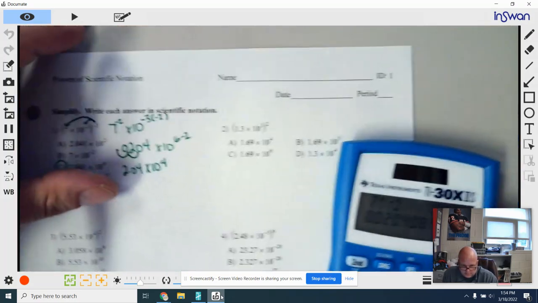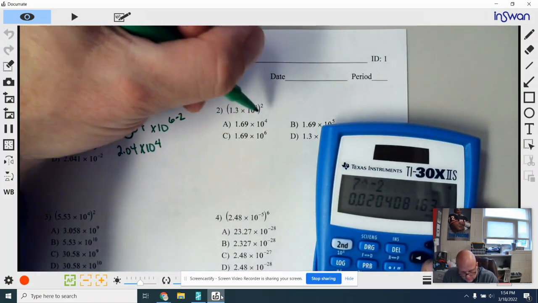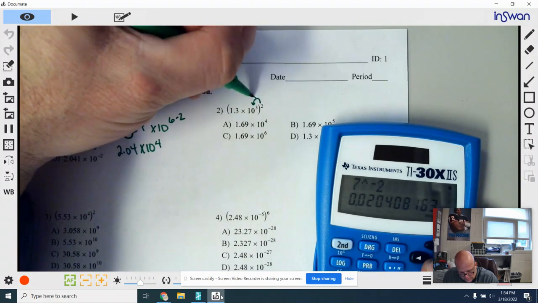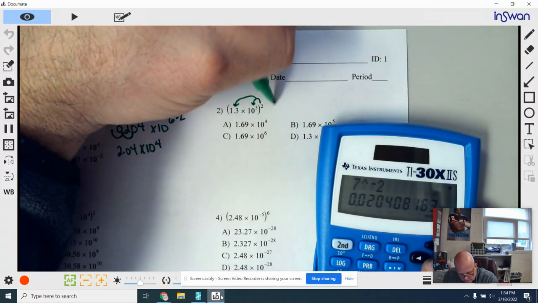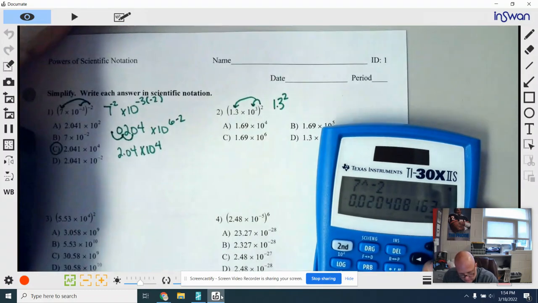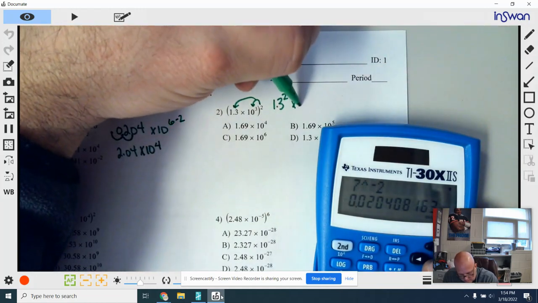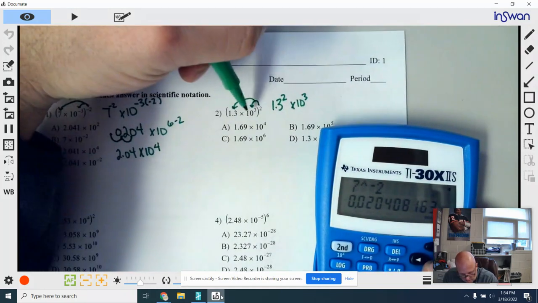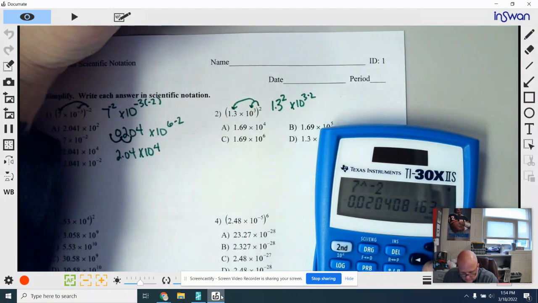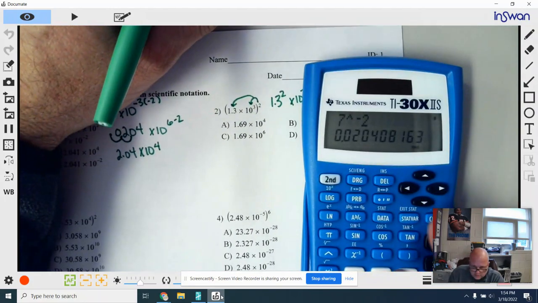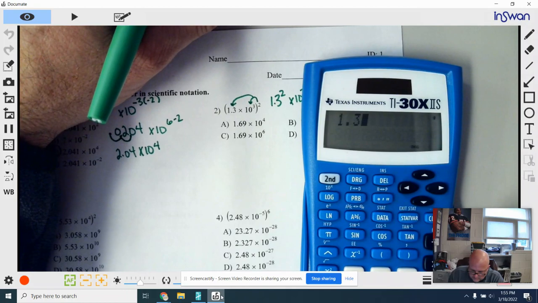All right, number 2. So this power of a 2 gets distributed to everything inside. So that's 1.3 squared times 10. You had cubed, and now that's times 2. Okay, so again, just use your calculator, 1.3.